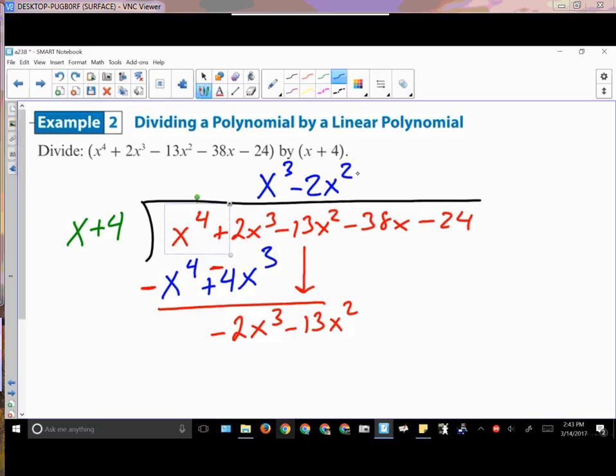Negative 2x squared times x gives me negative 2x cubed. Negative 2x squared times a positive 4 gives me negative 8x squared. So far, so good? Now, change signs.